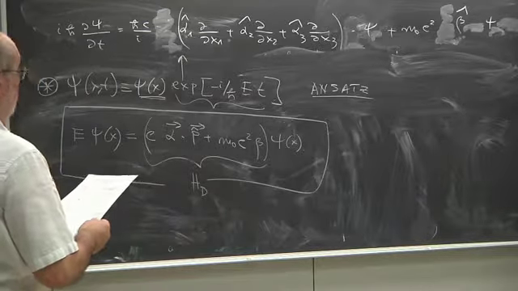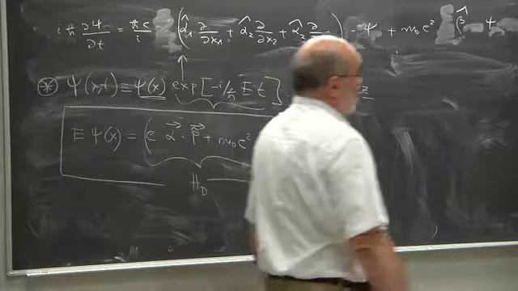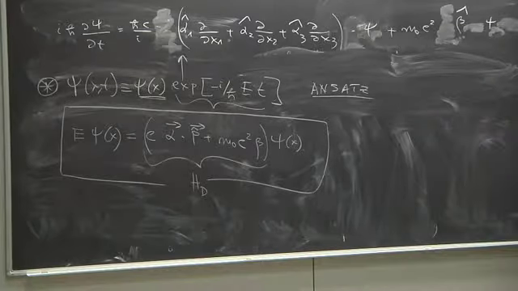Now let's remember that psi was a 4-component thing, psi 1, psi 2, psi 3, psi 4, because we chose n to be 4. Well, let's split these in the following manner. Phi, chi, where phi and chi are 2-component objects.